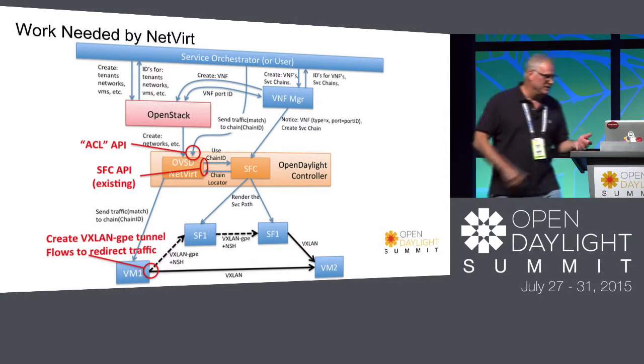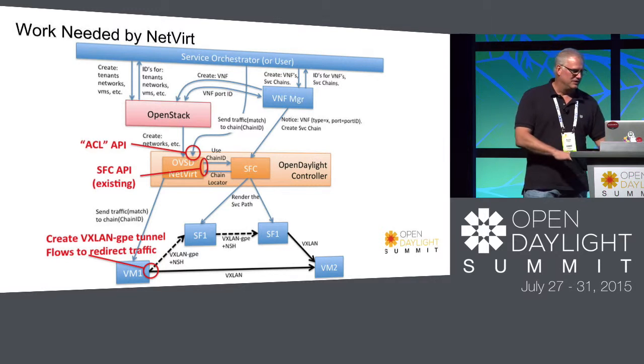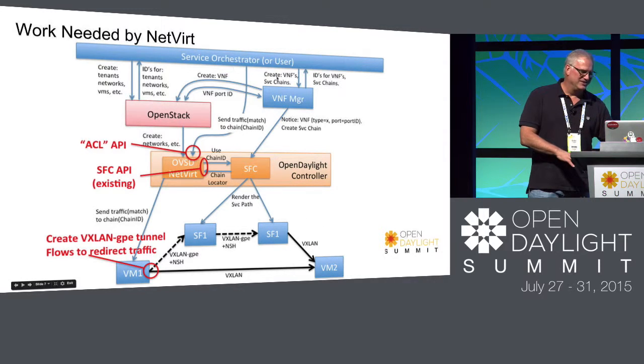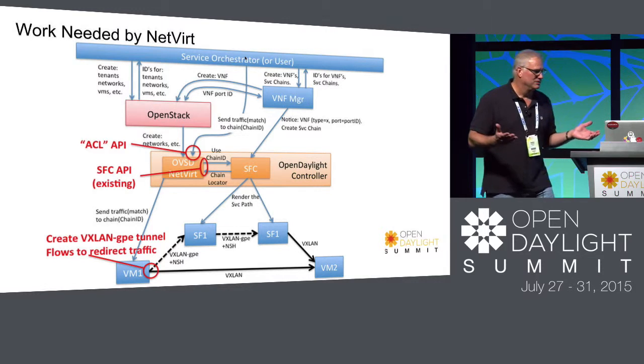But currently, the way the architecture is defined, it's coming in either from the VNF Manager, whatever this blob is, which has lots of options, or from some top-level service orchestrator.